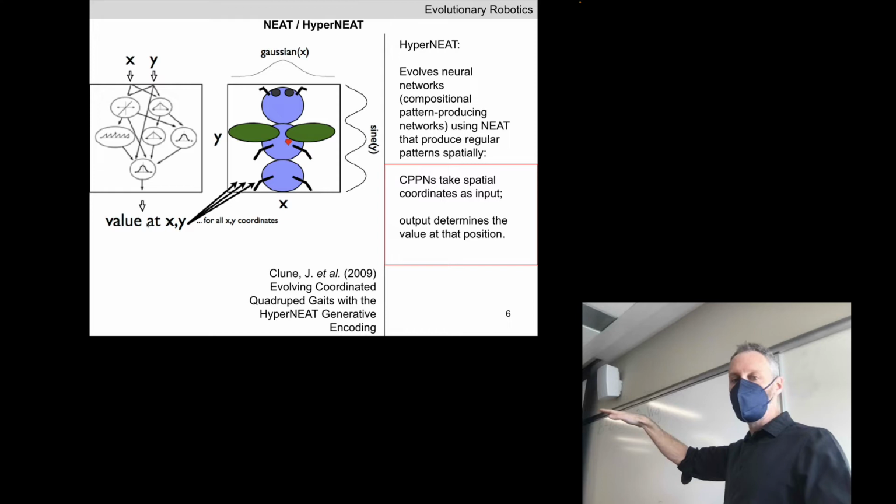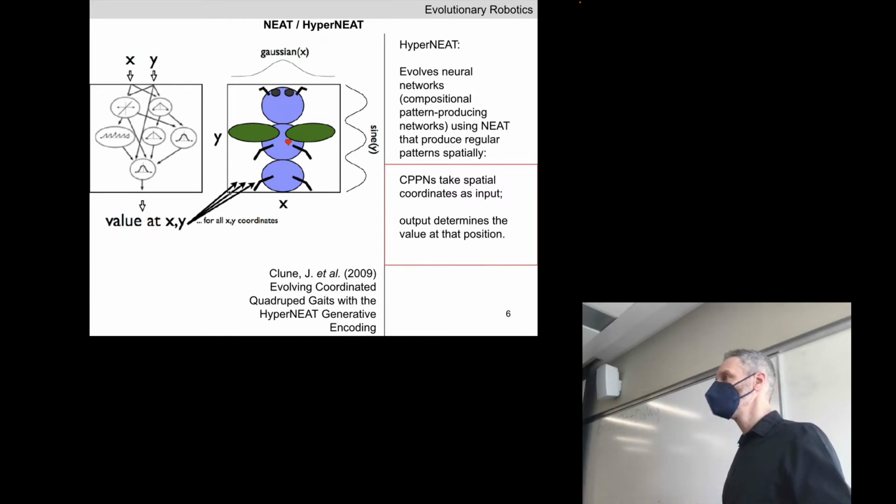In this simple example, let's imagine at the output we have just one value, which indicates what color to paint this pixel. I know this cartoon is in color here. Let's just imagine it's in black and white for a moment. We can treat the single value arriving at the output as how dark to paint that pixel at 0, 0.